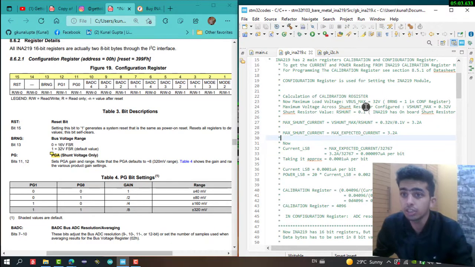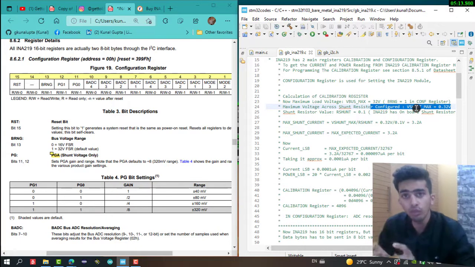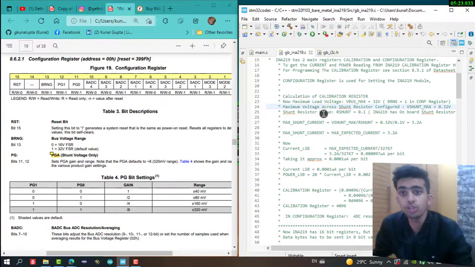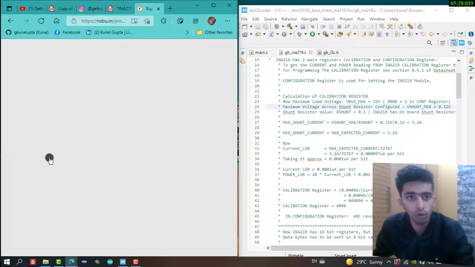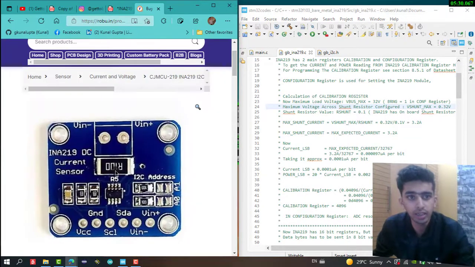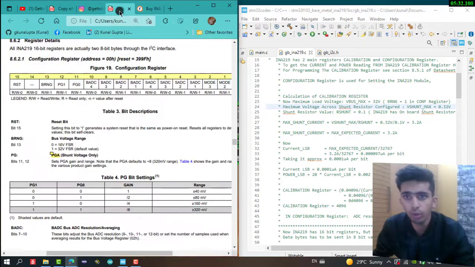Then the voltage across my shunt resistor will be configured, and I have configured it for 320 millivolts. That is the maximum voltage across my shunt resistor, 0.32 volts, and for it we will be configuring the PGA bits to 1. The shunt resistor value on our onboard INA 219 module is R100, that is 0.1 ohm.